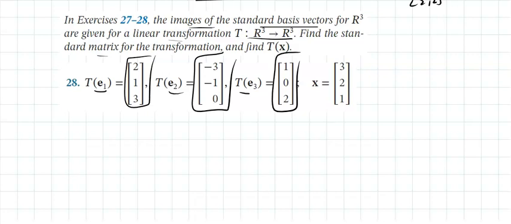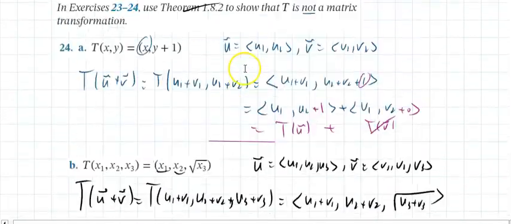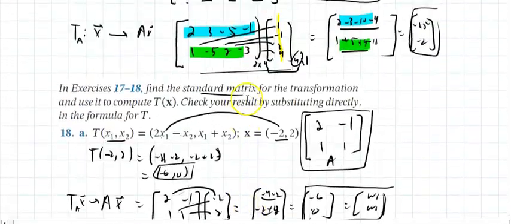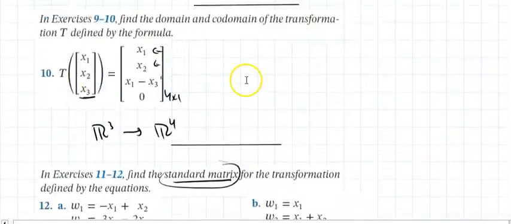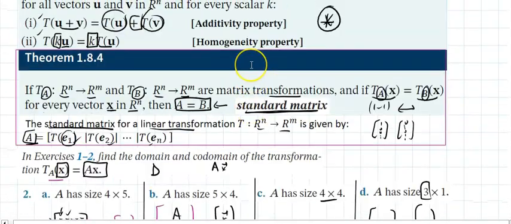So if we take T and apply it on E1, E2, E3, isn't that A? Isn't that the theorem that we had, way up there?